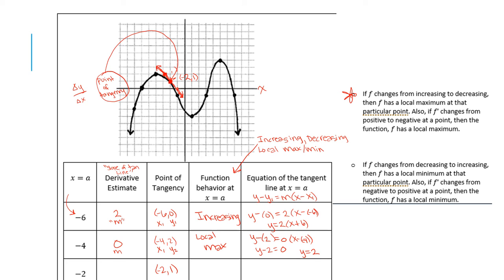And I will estimate the slope, which is about 2 down to the right, maybe about a -1. I see that my function from left to right at this point is going down, so it is decreasing.